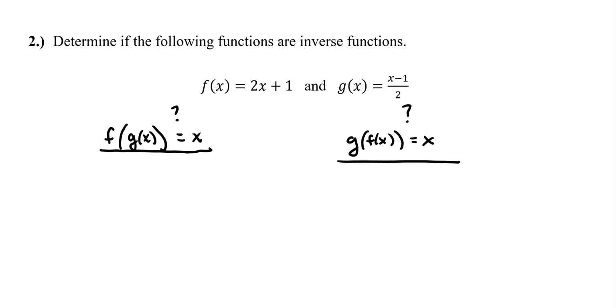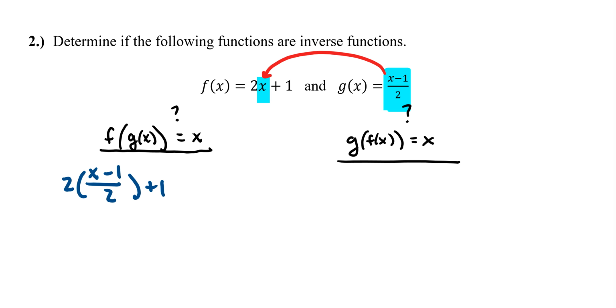So let's take a look at this one first. f of g of x. So we're going to start with f, right? Here's f of x. You're going to start with 2x plus 1. But instead of an x, you're plugging in g of x. So basically, f of g of x, what this means is you're replacing the x's with x minus 1 over 2.